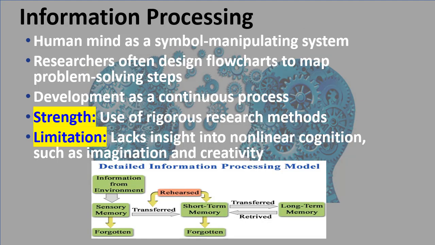The further we get into cognitive psychology and development, then we'll be talking about information processing, as the mind is a symbol manipulating system. We think in symbols, we think in pictures. Okay, researchers develop flowcharts to map problem-solving steps. We do that in our heads. Okay, and it is a continuous process as opposed to stages.